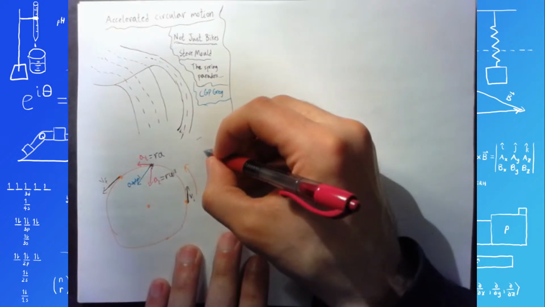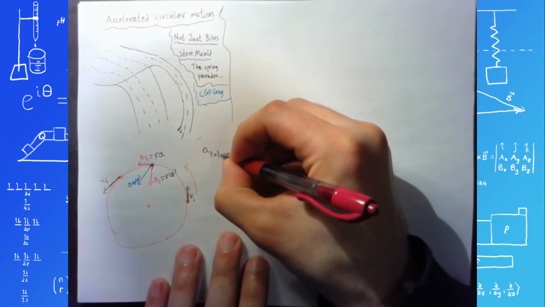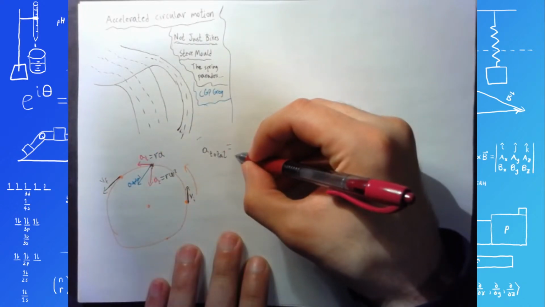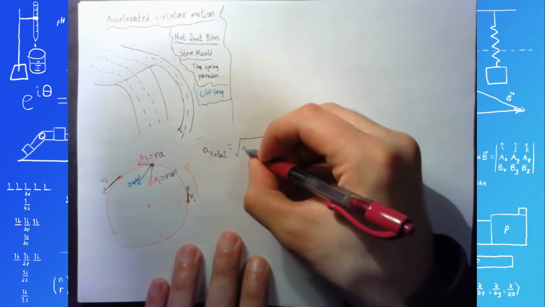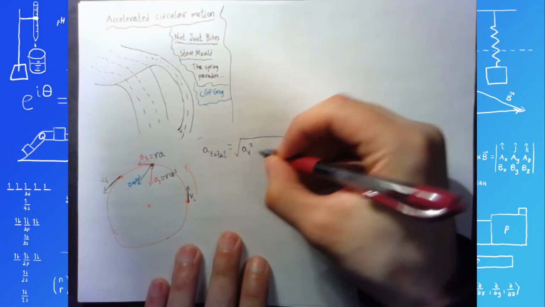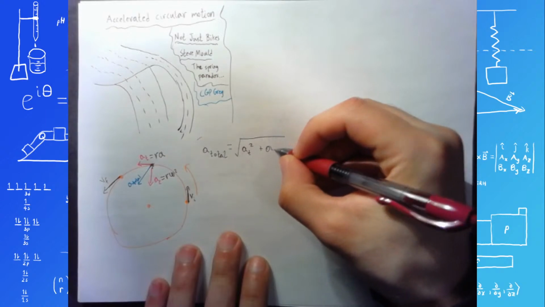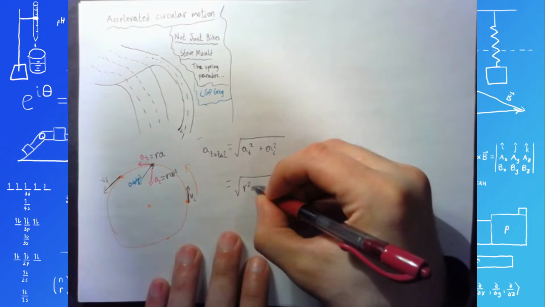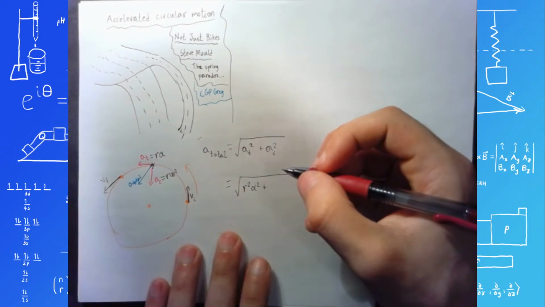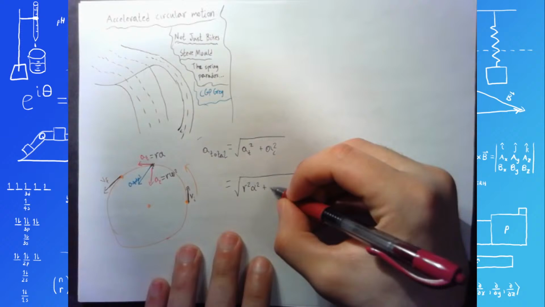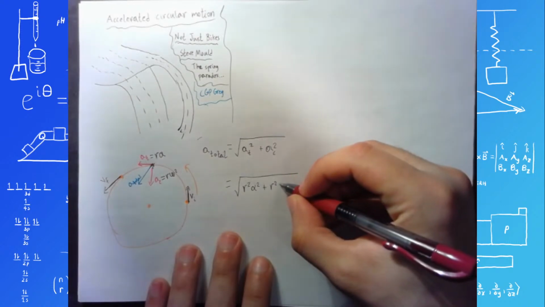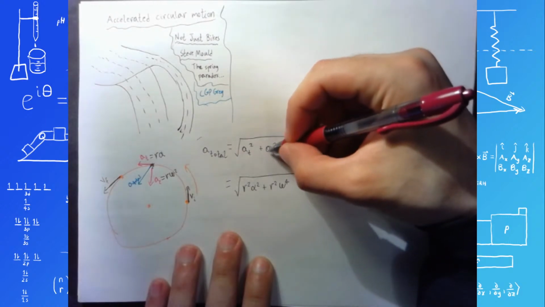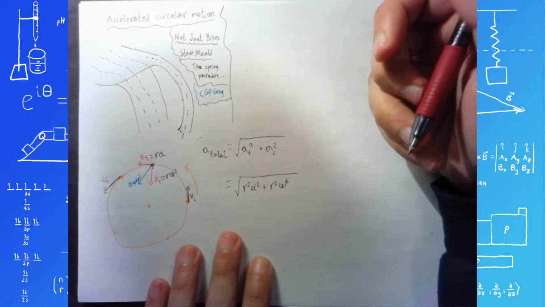I don't think so, but, well, a total is going to have a magnitude of just the square root of a tangential squared plus a centripetal squared, which equals the square root of r squared alpha squared plus r squared omega to the fourth, right? If this is r omega squared and then I square that, r squared and omega to the fourth.